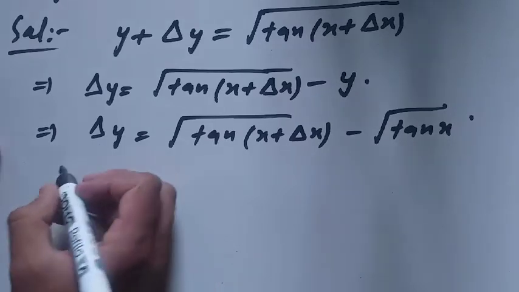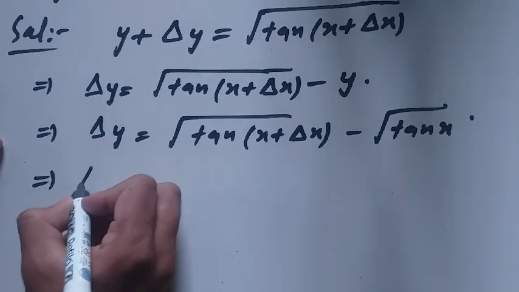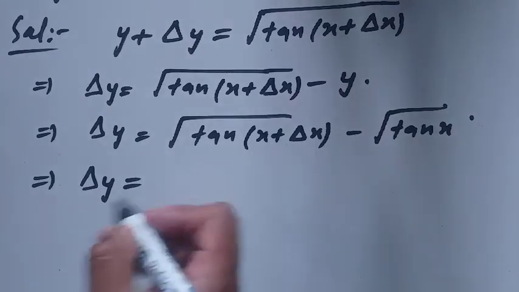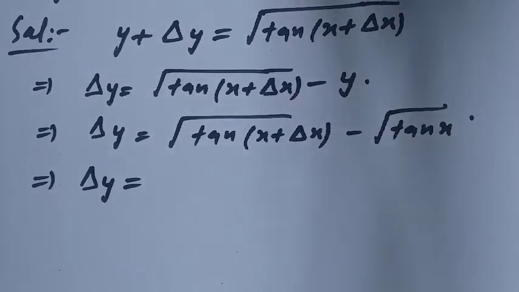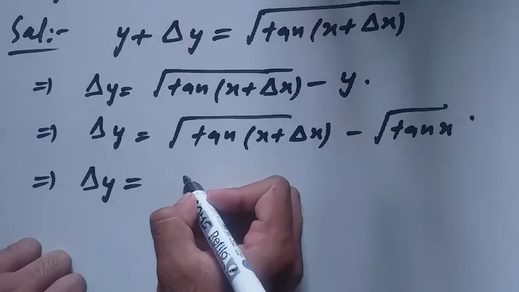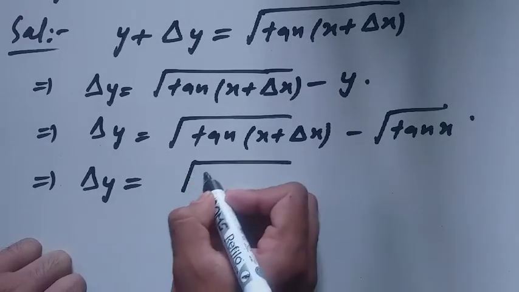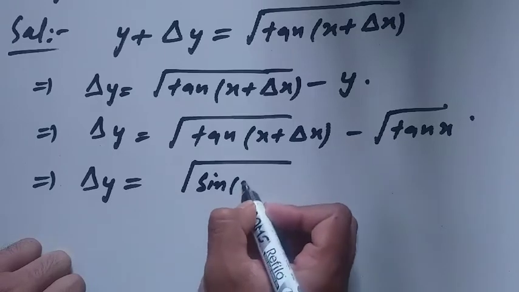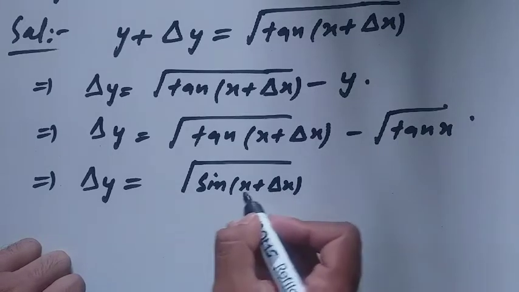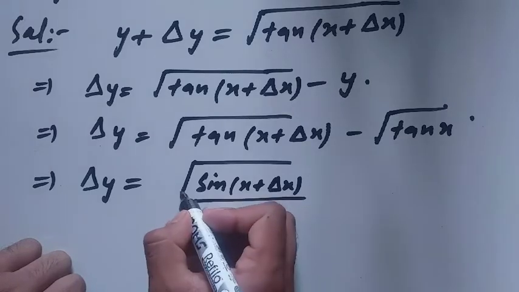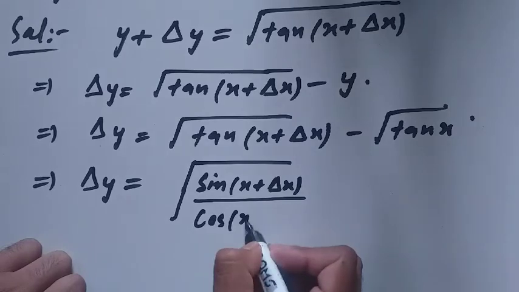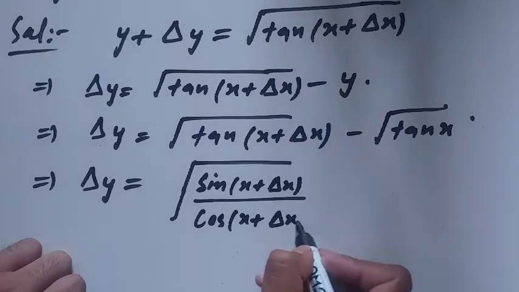Now what is next? As we know, this tan x plus delta x is actually made of sine divided by cos, so I can write here under root of sine of x plus delta x divided by this whole under root cos of x plus delta x.